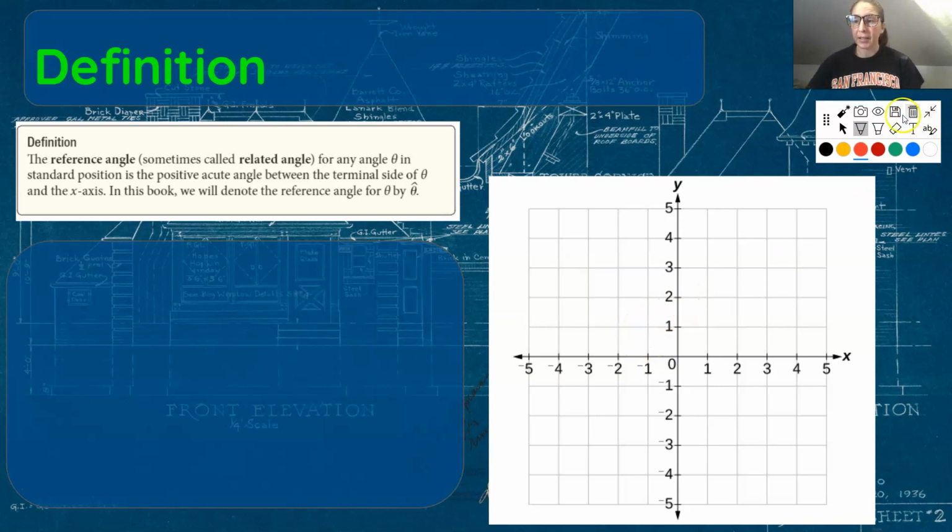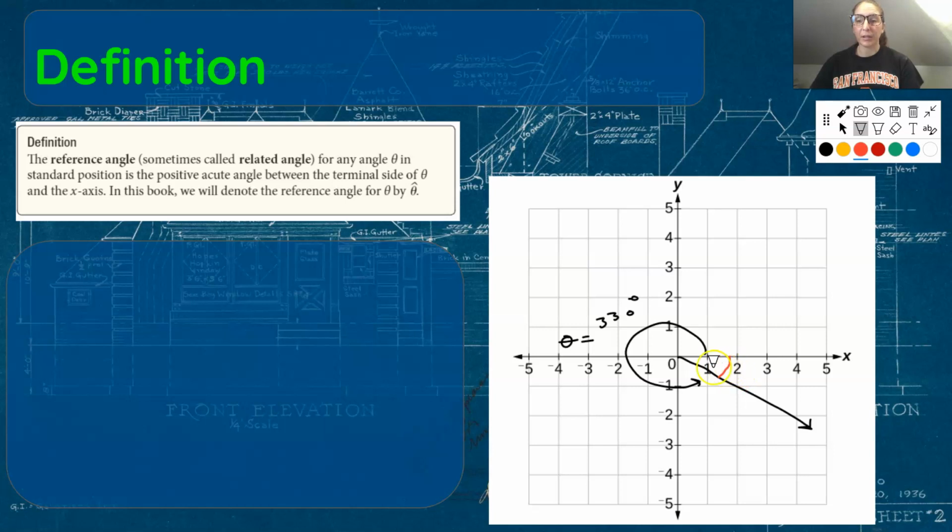So let's look at that again. Suppose I had an angle coming out here, and let's say theta was equal to 330 degrees, which is also something really common, we'll see. Well, if theta is 330 and all the way around is 360, my reference angle is always the angle between the x-axis and my angle.